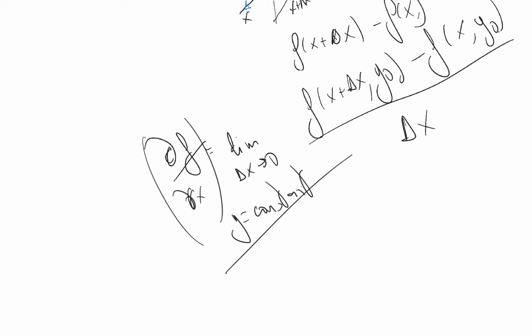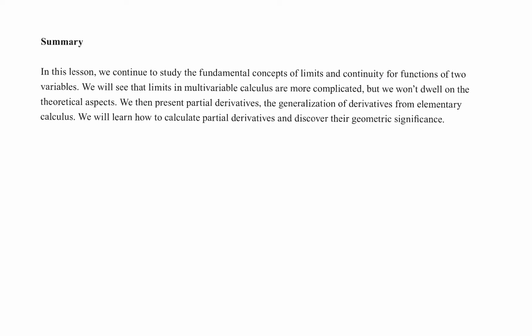This is the idea. So the summary of this lesson is that we continue to study functions of two or three variables, and we extend what we know of one variable to two or three variables.